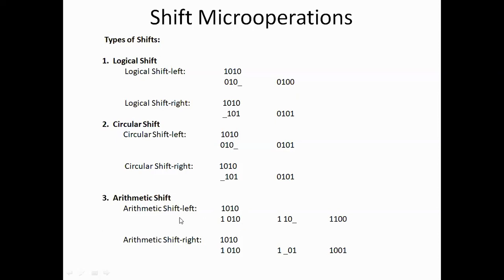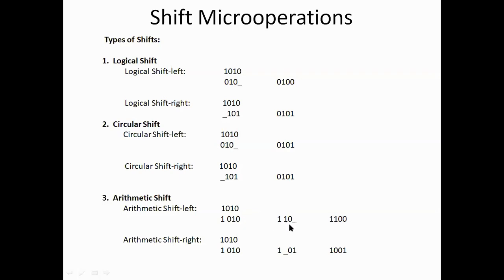Now let us do the left shift. When we do the shifting, I will not touch the sign bit. I have to do the shifting of these bits. So if I have to shift this left, what will happen? This 1 will go here and this 0 will go here.